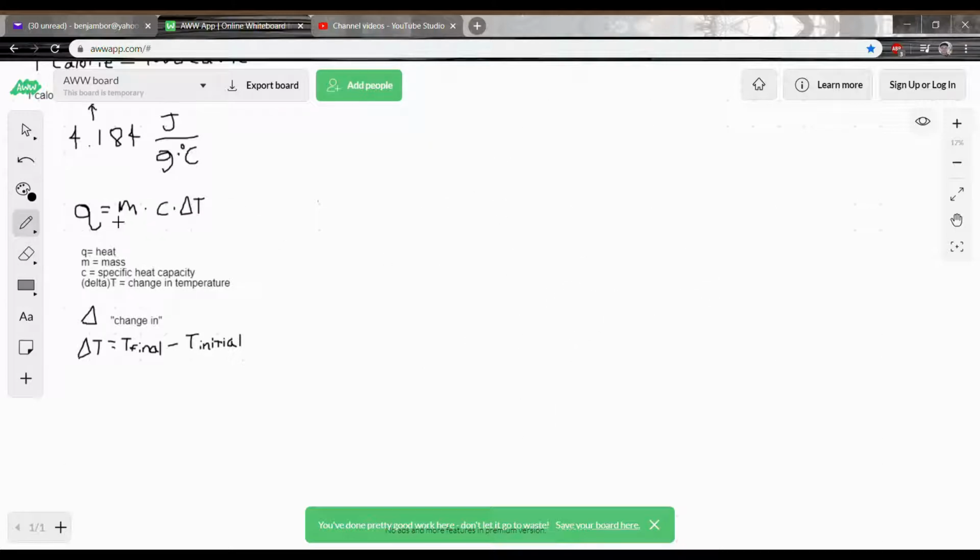This is also within example 13.1. We have an iron horseshoe that weighs 350 grams, and we have a blacksmith heating it up. So he's transferring 59 kilojoules of energy into the horseshoe.